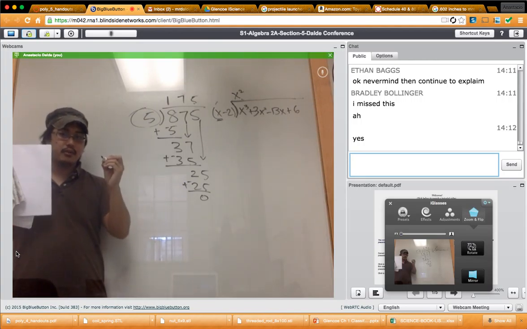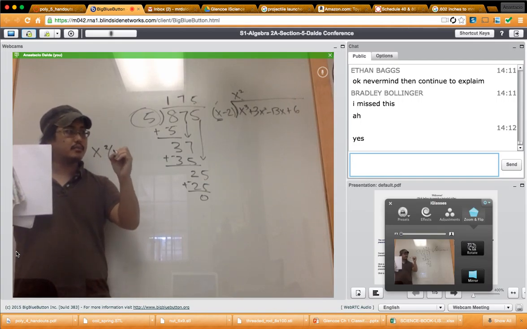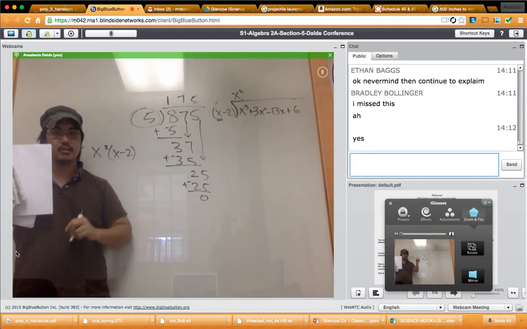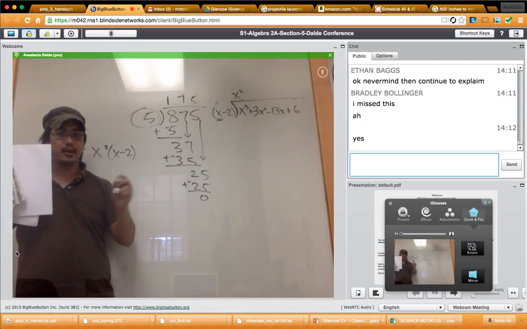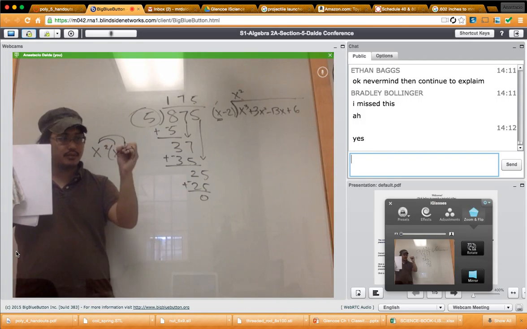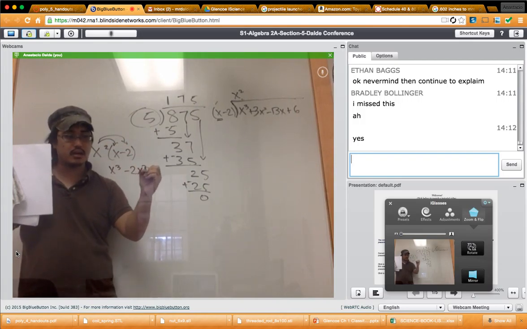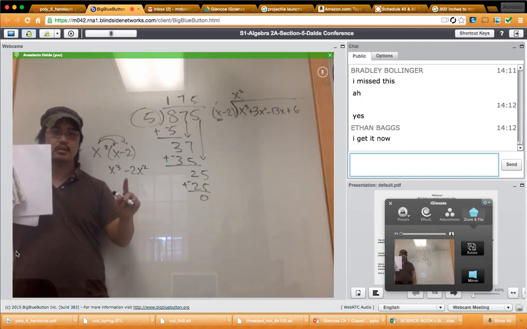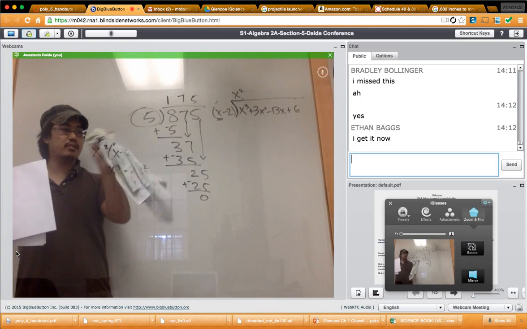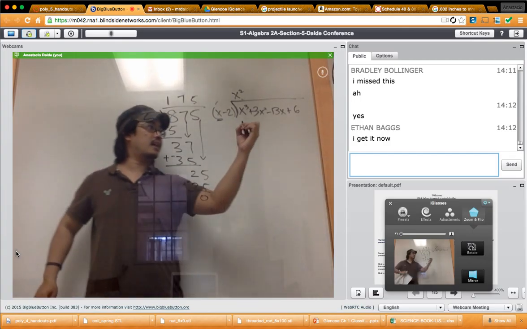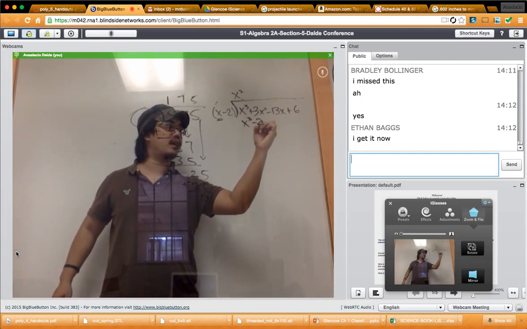Okay, and then for Ethan, if I have x squared times x minus 2, because this is me taking the thing on top and multiplying it by that number in front, then really I have x cubed minus 2x squared. Ethan, we good? You get it now? Good, good. That's a good thing. Okay, so if it's all right with you, I'm going to write this as x cubed minus 2x squared.